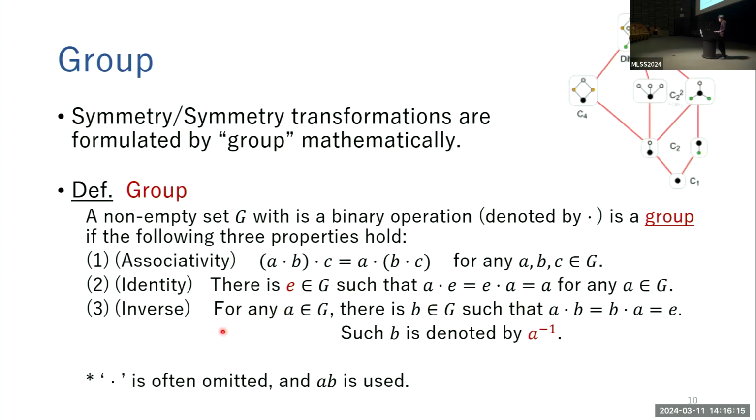And the third condition is the existence of inverse. So for any element A in group G, there should be an inverse element. And the multiplication of A and the inverse of A should be identity. This is just a generalization of the inverse number.